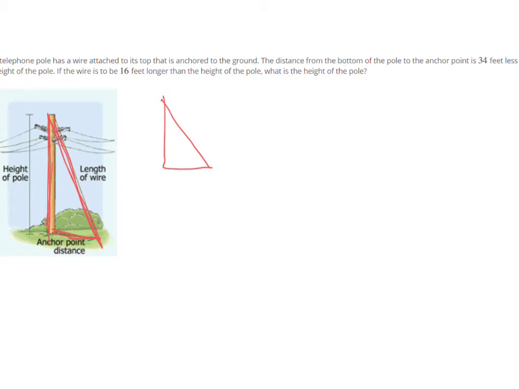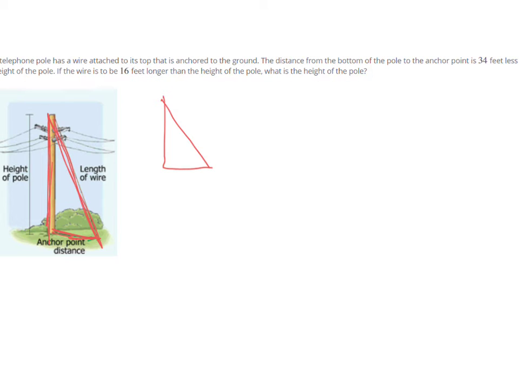Let's see if we can fill in some measurements. The distance from the bottom of the pole to the anchor point is 34. That's down here. Oh, no, it is not. It is 34 less than, it says, sorry, right here. The distance from the bottom of the pole to the anchor point is 34 less than the height of the pole.